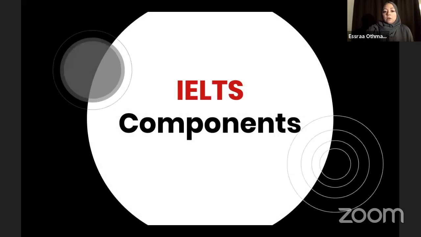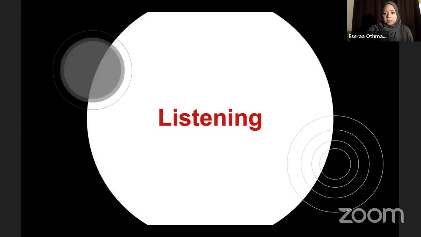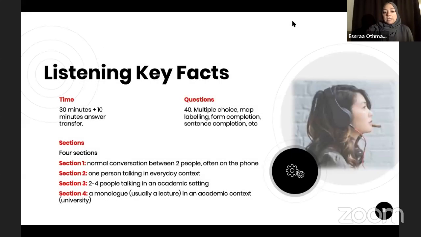So if we take a look here, we will start with the listening part. As we said, it's 30 minutes. During those 30 minutes, you're going to have a question paper with an answer sheet, and you're going to listen to different conversations. To be exact, you're going to listen to 4 different recordings, and you're going to have 10 minutes for answer transfer at the end.